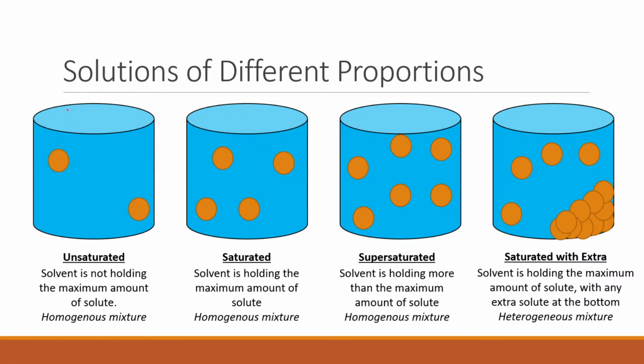So here we've got 2, but if it had 1, 2, or 3, that would be unsaturated. Here, exactly 4 is saturated. Supersaturated is when the solvent is holding more than the maximum amount of solute. Right, so that's anything greater than 4 in this situation.